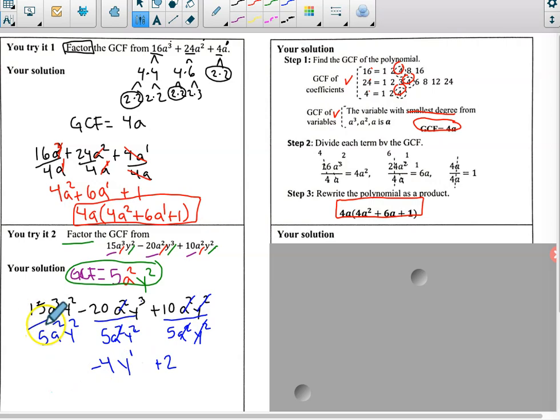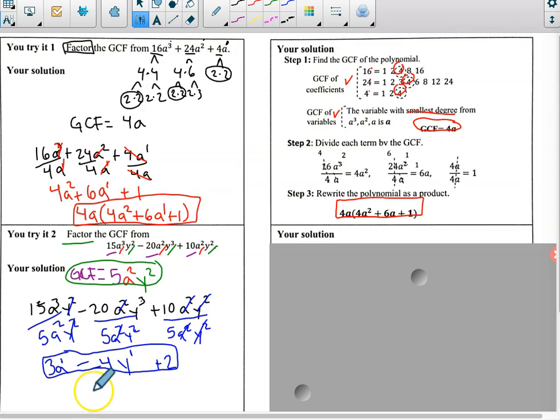And then here, 15 divided by 5, that's 3. a to the third power divided by a squared, that is a to the power of 1. And then y squared and y squared are eliminated. So here's the expression that goes inside of the parentheses.